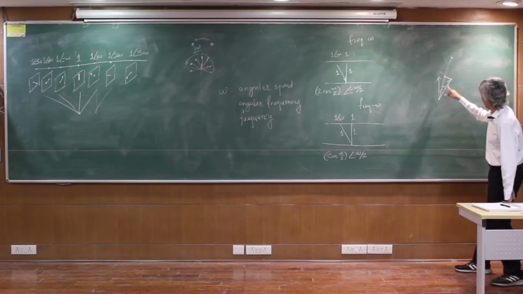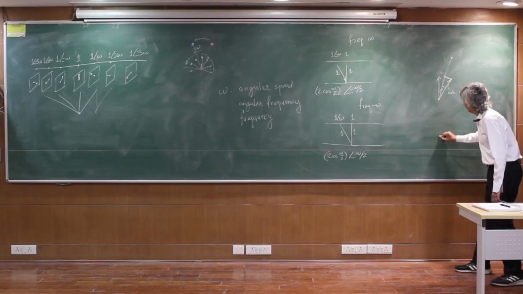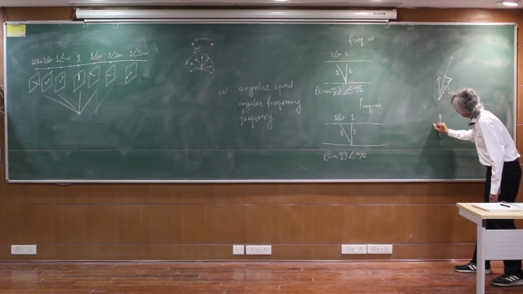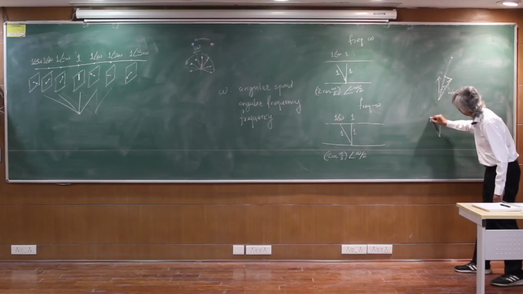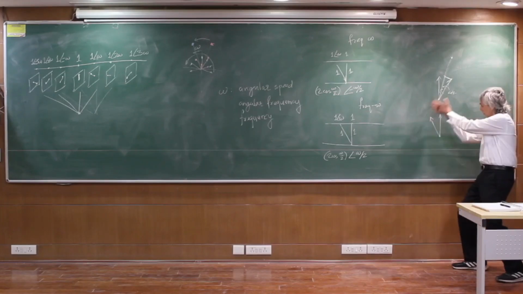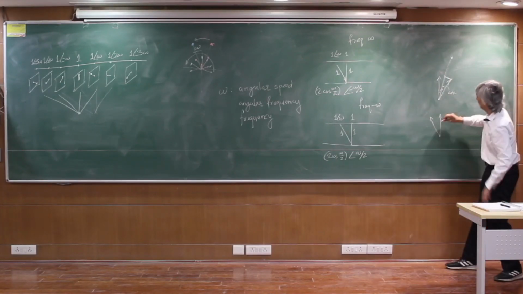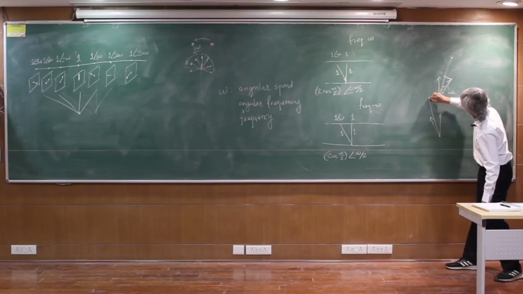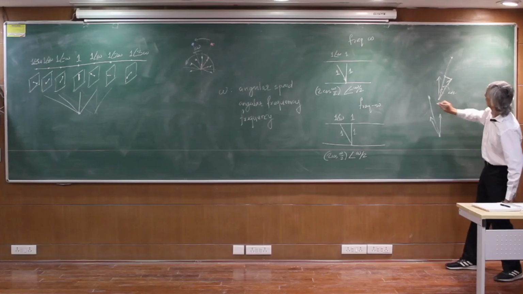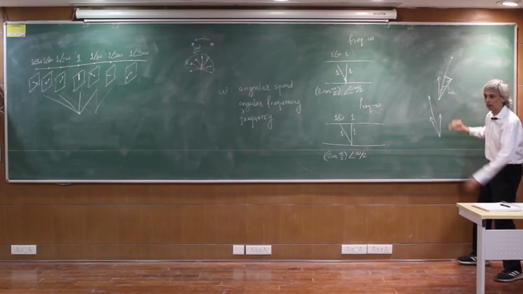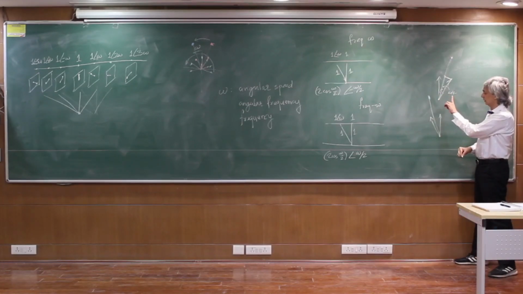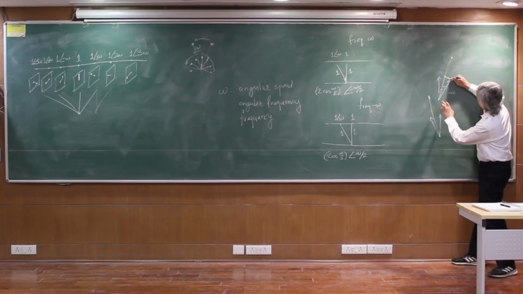If I were to draw this similar diagram here, you have this and this. The spiral is now rotating this way. This spiral is rotating this way. This spiral is rotating this way. And your output is like this. Okay? Correct? Now, try to understand this.